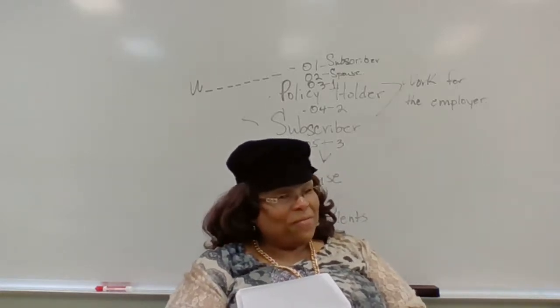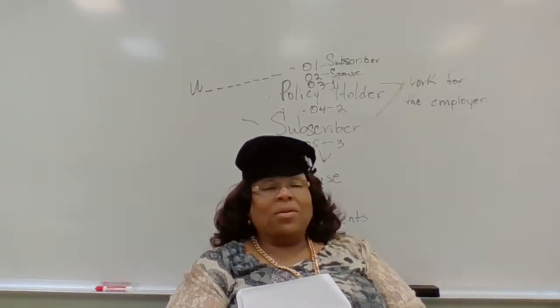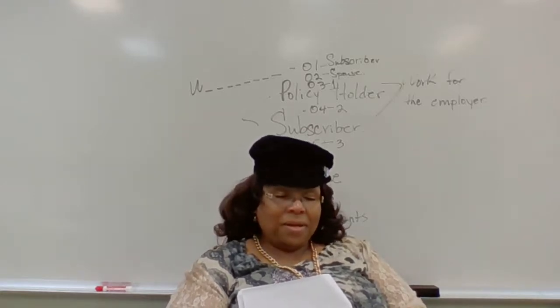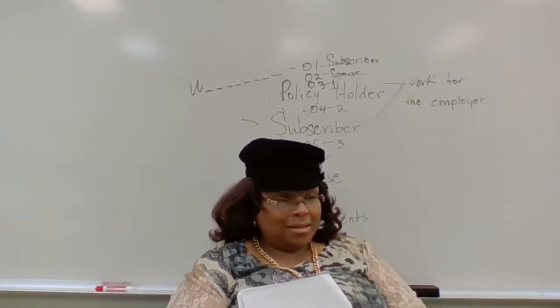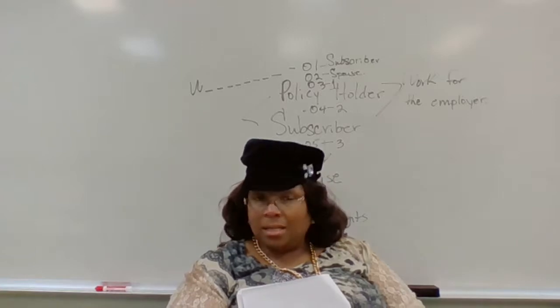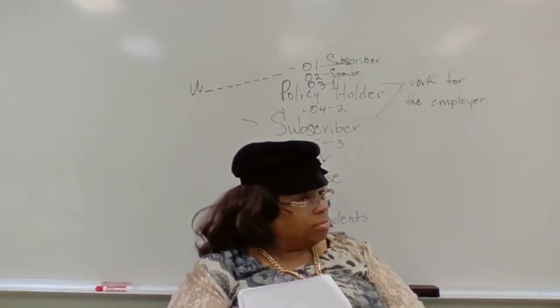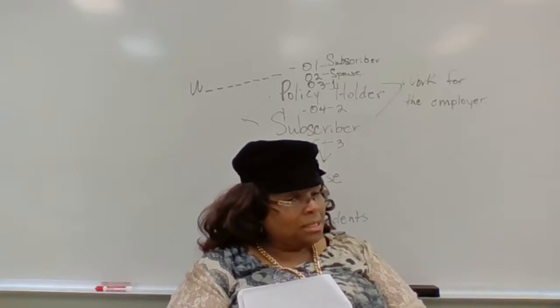Okay, coordination of benefits. I think I said this once before. Coordination of benefits does not exist for adults. It only exists for children. So let me give you mine for example.